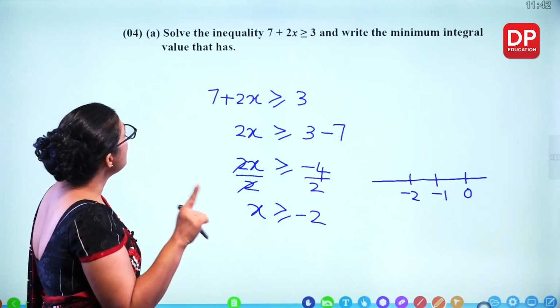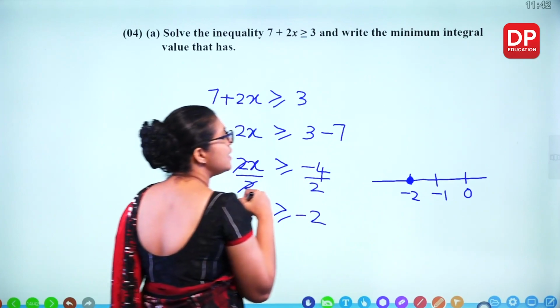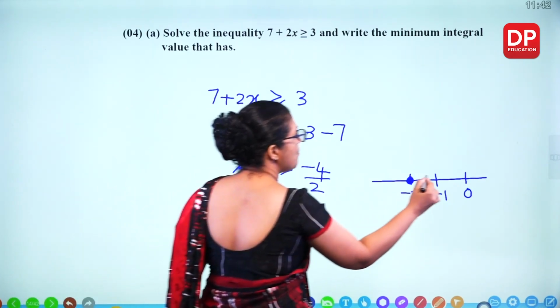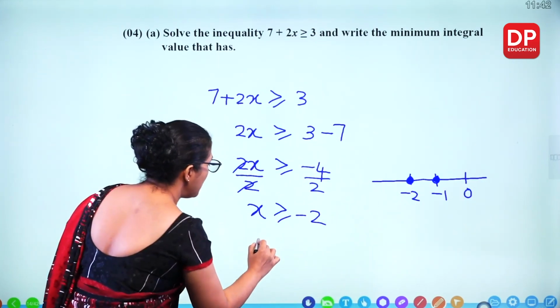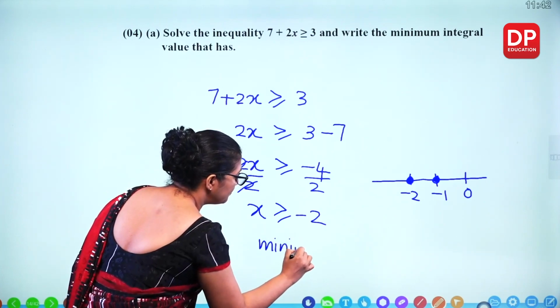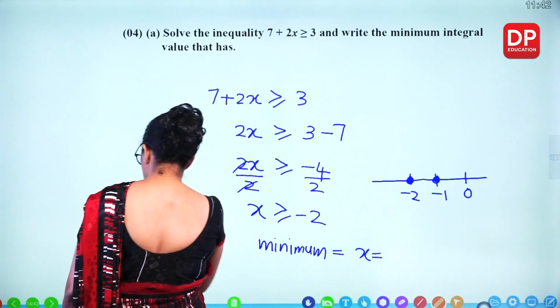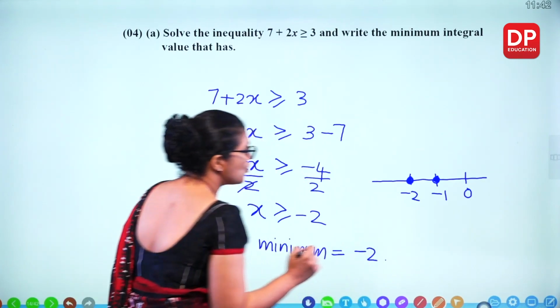So what's the minimum value? Now here minus 2 is included. That's an integer value. So that's the minimum and you can get all the other values. So what's the minimum? You don't need to write x, that's minus 2.